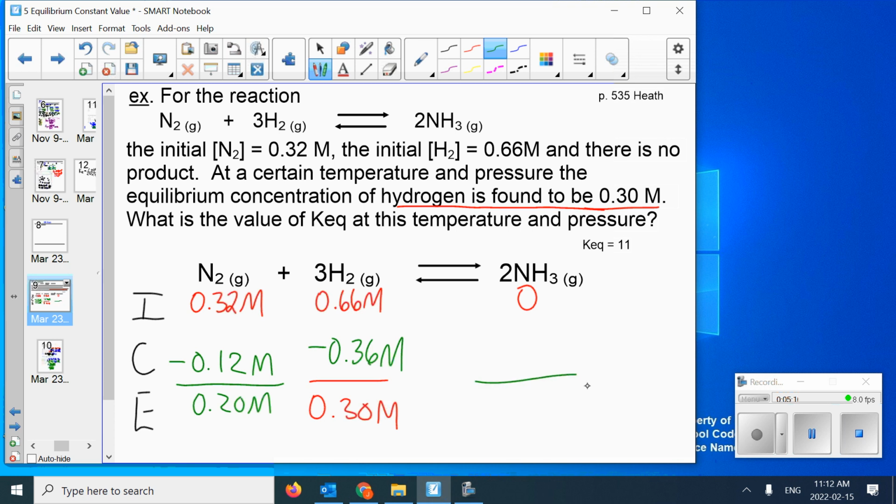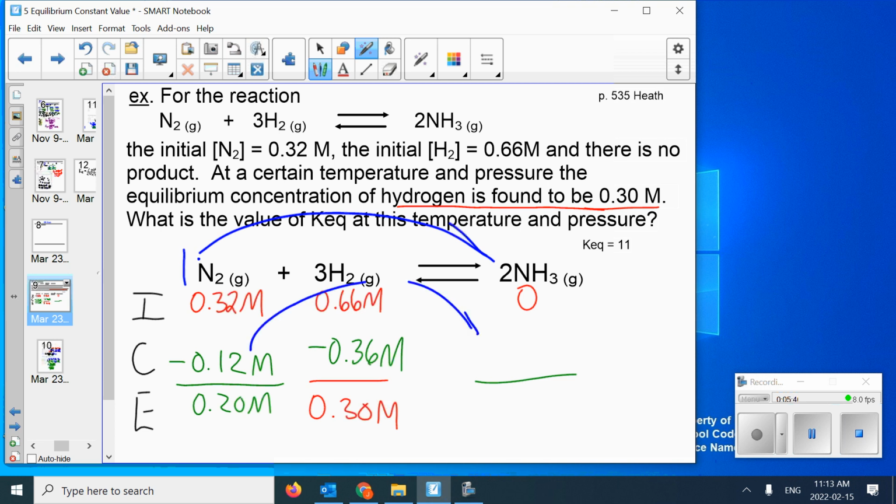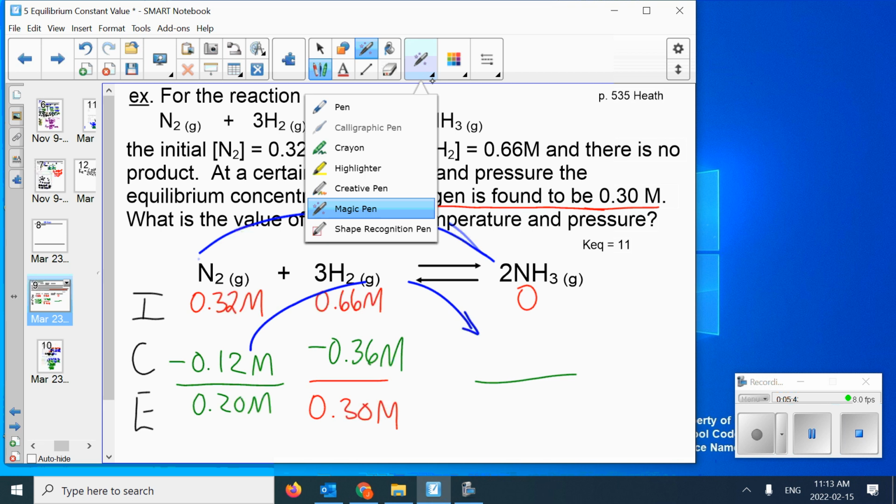Now for the ammonia, there's nothing to start with. I like taking the 1 if possible. This is a 1-to-2 ratio here, so 0.12 times 2 is going up.